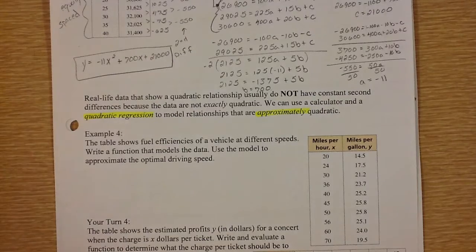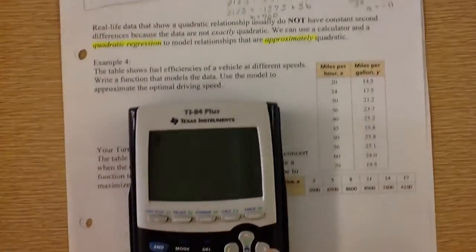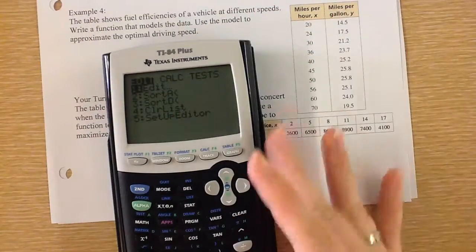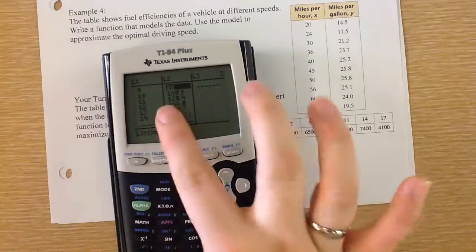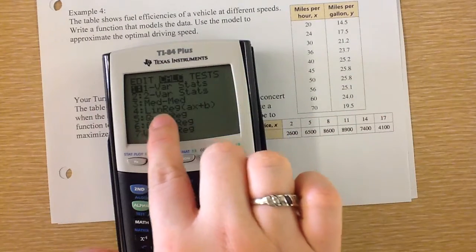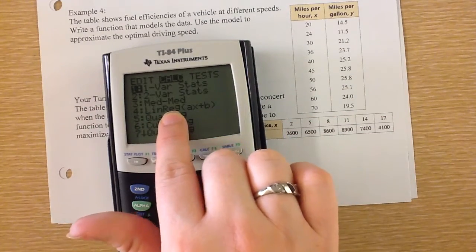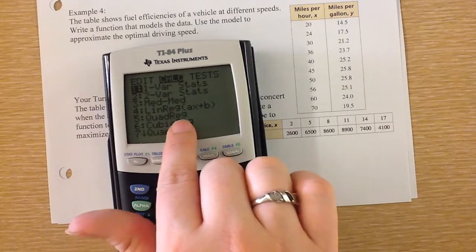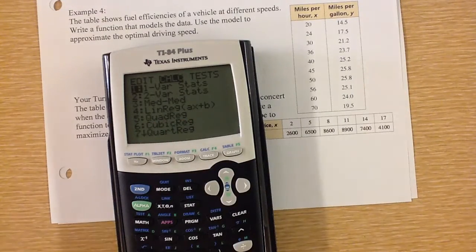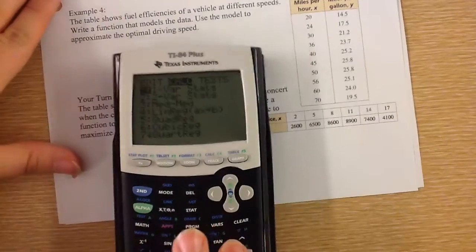So we work through this process the exact same as we did the linear ones. Remember, we did stat, and then we inputted our data, so we went to edit, and then we inputted our data, and then once we were done doing that, we could do stat calculate, but instead of doing a linear regression to get a line, we can do a quadratic regression, option 5. So you work through the exact same process to get that quadratic equation.